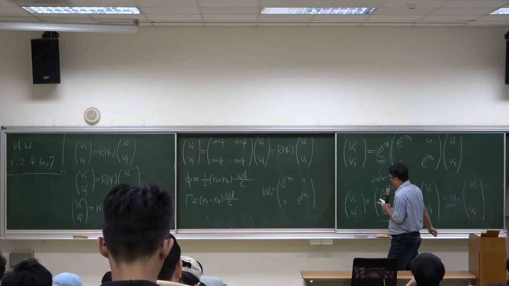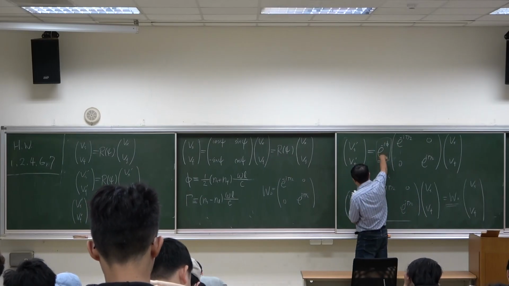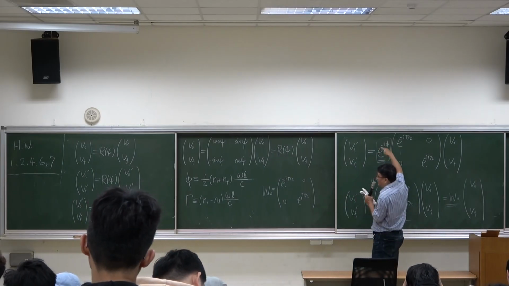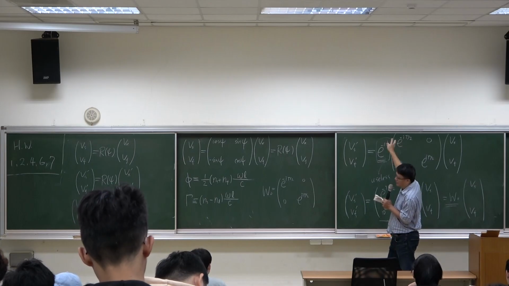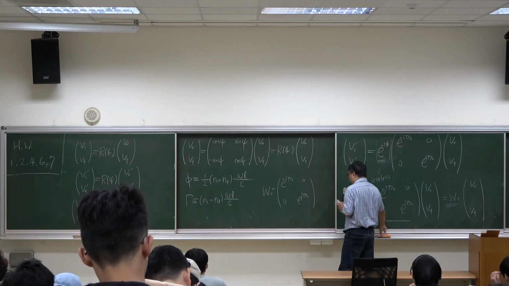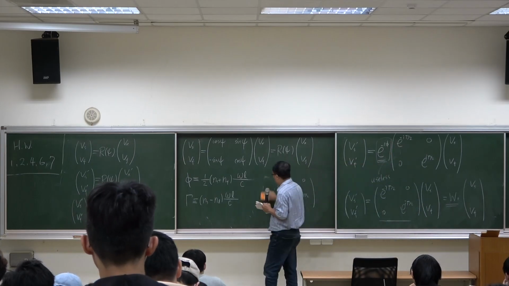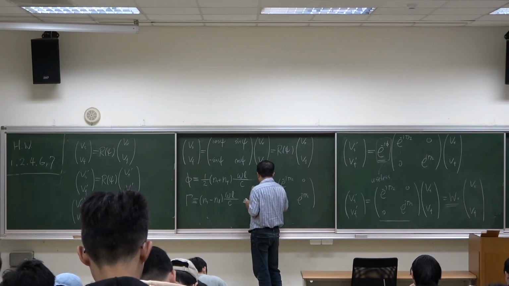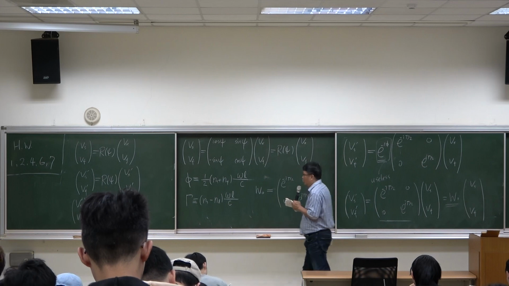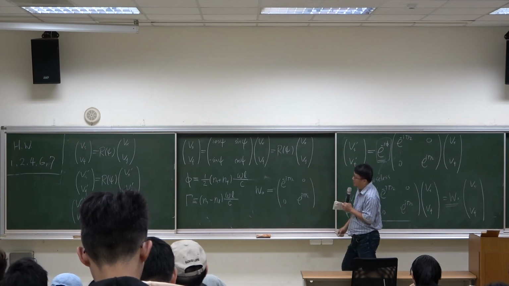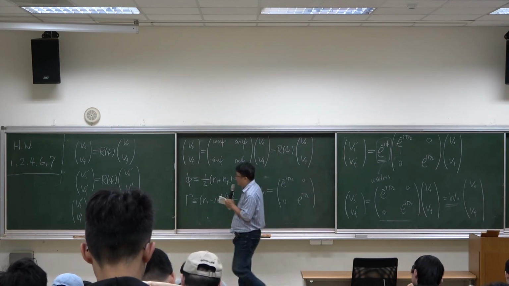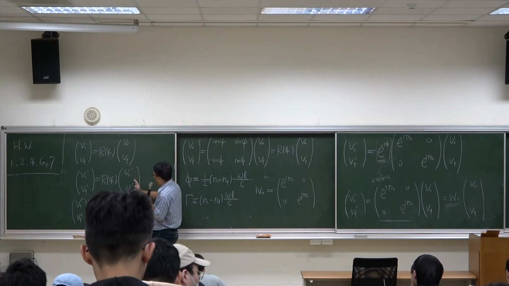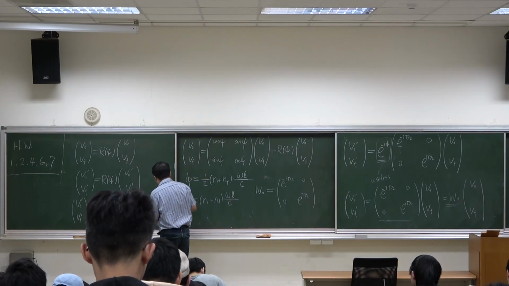Okay, you can include the phase exponential minus I5, but it is useless. So now we want to find the relation between Vx prime, Vy prime and Vx, Vy. Okay.